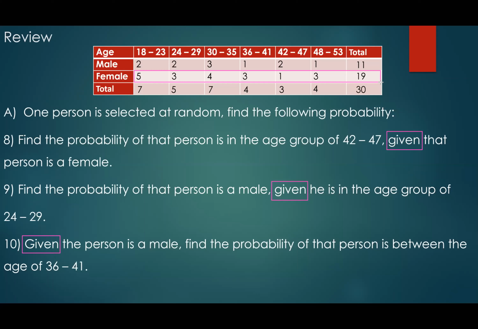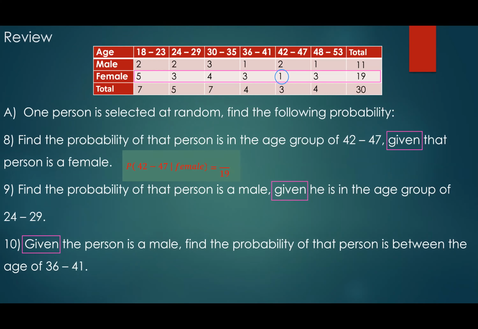That's the first condition. Now, out of these 18 female, how many of them are in the age group of 42 to 47? Do you agree that there is one of them? So what they ask us is the probability of 42 to 47 given that the person is a female.